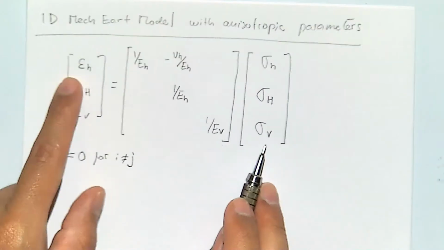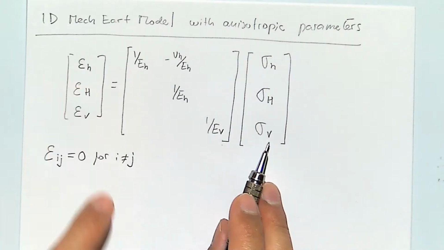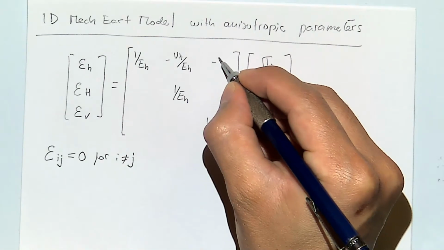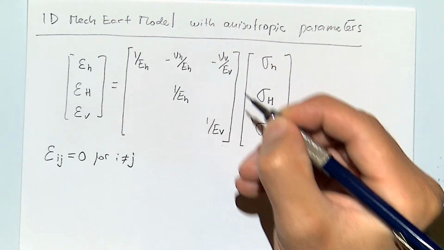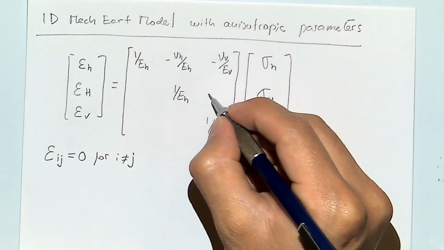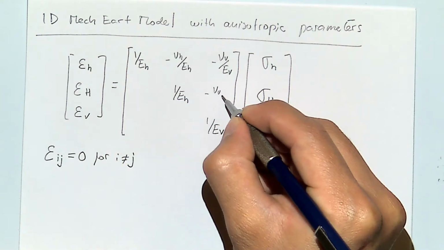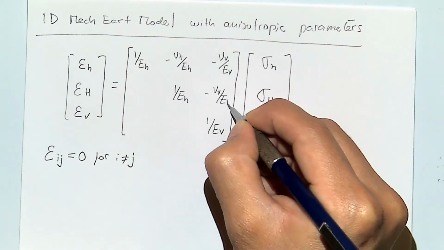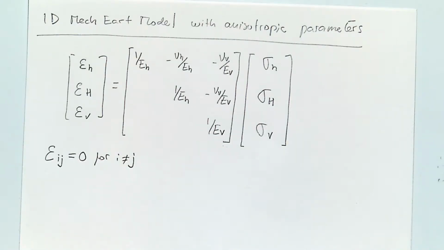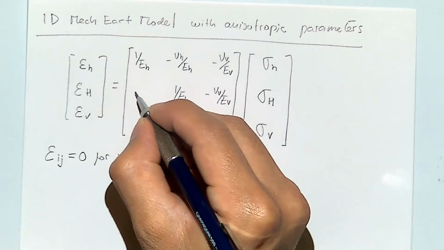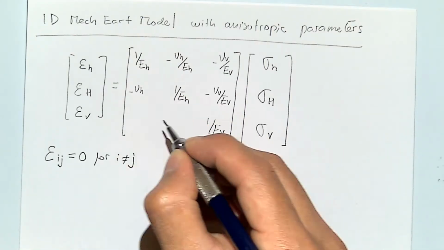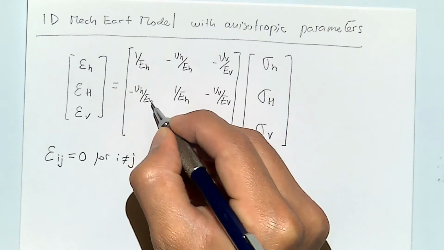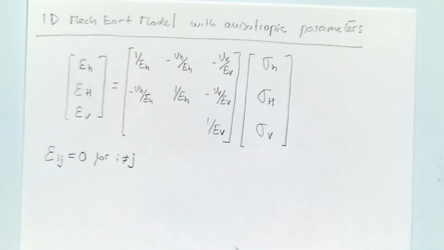And when we relate horizontal to vertical, now we have the vertical Poisson ratio and the vertical MEM modulus. Notice that this matrix is very similar to the one we wrote before for isotropic media, but the difference is that now we have these subindices that refer to horizontal and vertical directions.